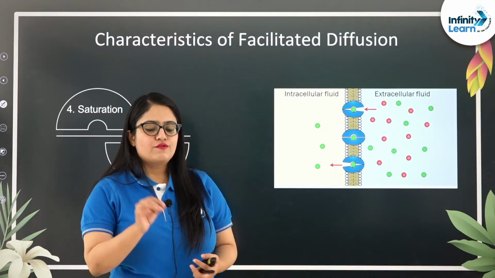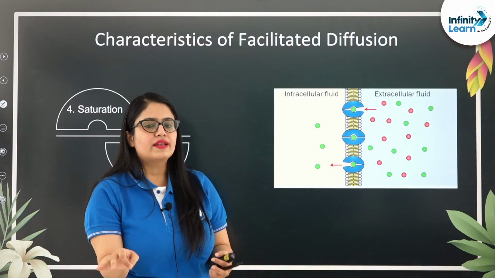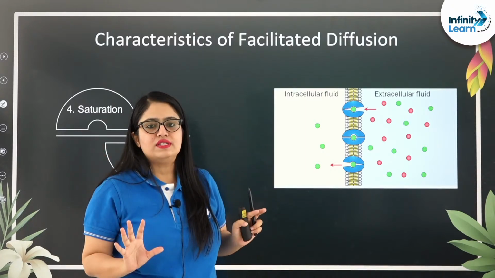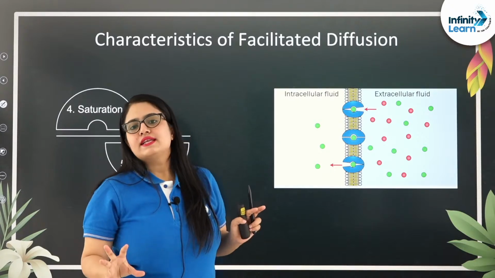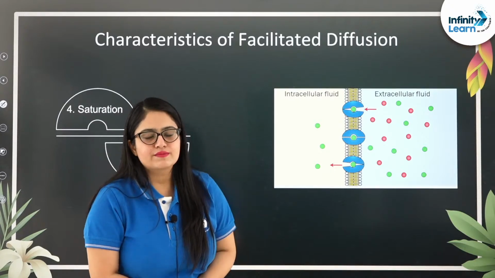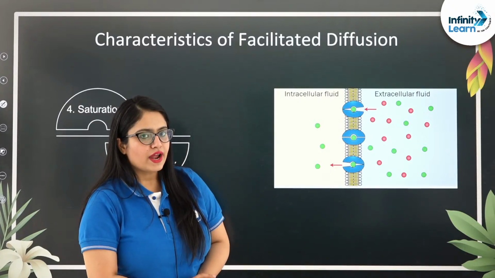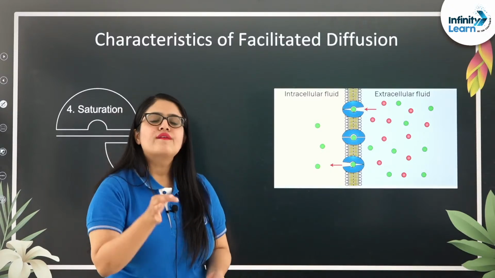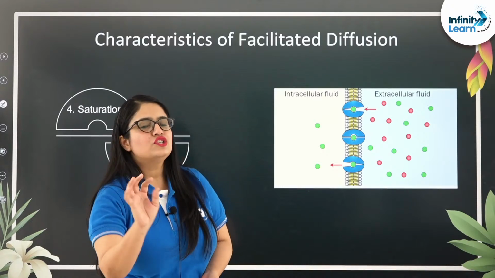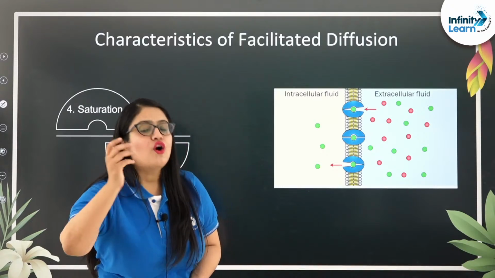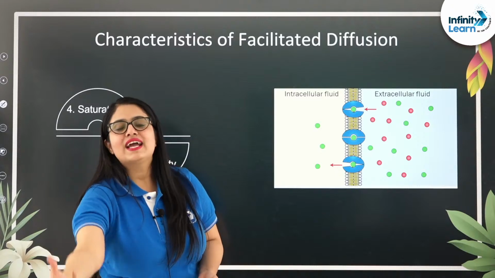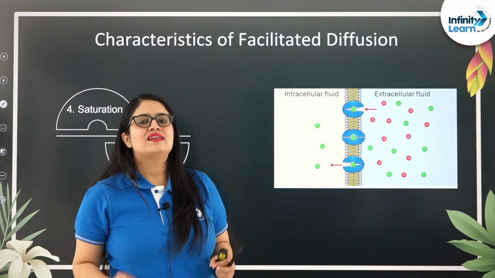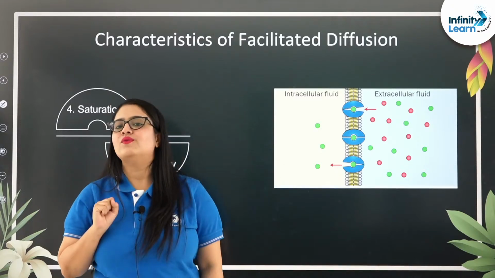So for an instance, for a moment, if all the membrane proteins that are involved in facilitated diffusion present on a plasma membrane of a particular cell, right? If all the membrane proteins are already loaded with the substance that need to be transported, they cannot overload or they cannot take another molecule until and unless they transport the already loaded one.